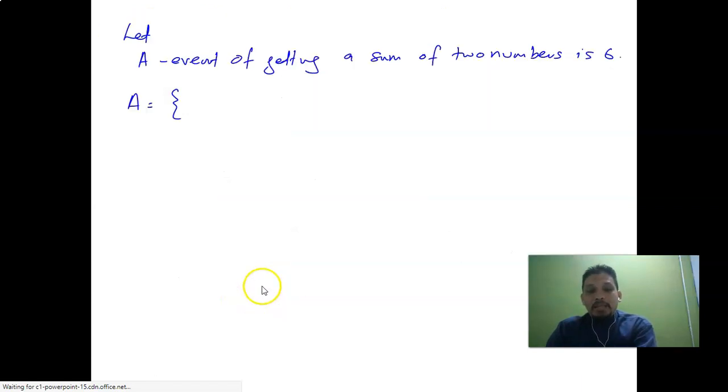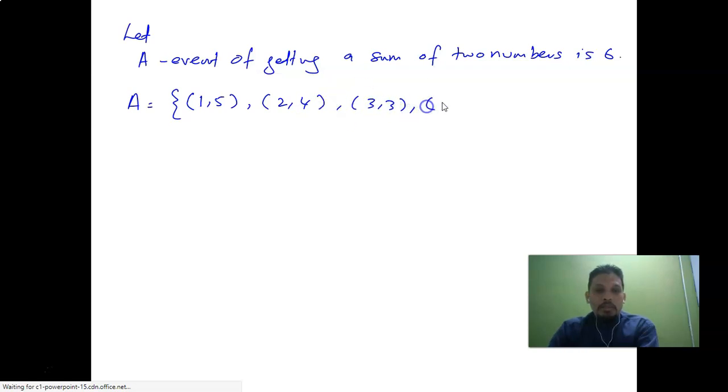So we list down 1 and 5, 2 and 4, 3 and 3, 4 and 2, and 5 and 1. How many results are there? 1, 2, 3, 4, 5. So the event of getting a sum of 2 numbers equal to 6 has 5 outcomes.